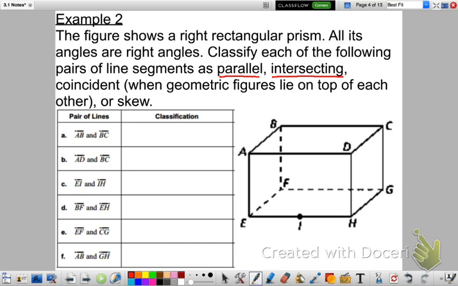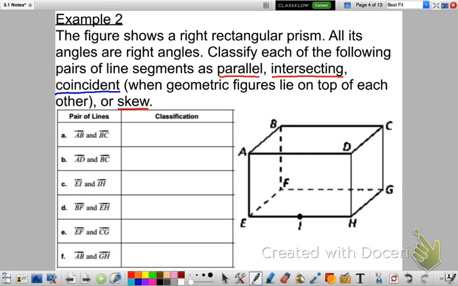Intersecting lines are lines that meet at least one point. And skew lines are non-coplanar lines that do not intersect. The new term is going to be coincident. Coincidental lines are the same lines. It's one line on top of the other.